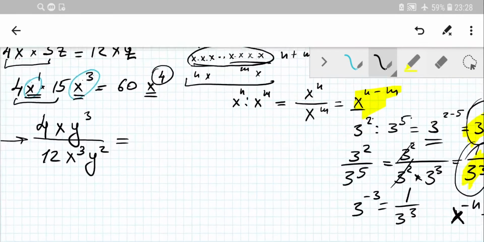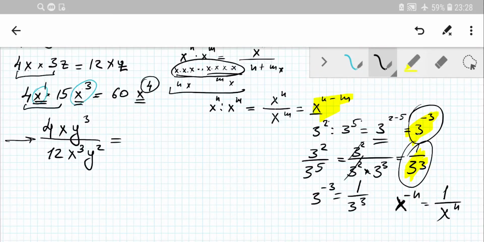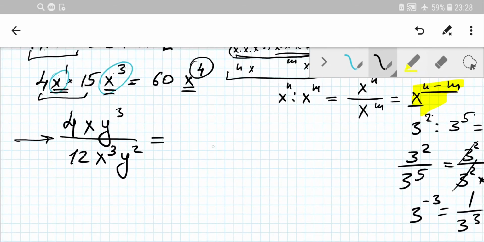That's how it works. So no matter whether you use the difference of the powers or just try to cancel and see what number you're left with. So let's try to do it here. First of all, I cancel 4 and 12. I'll get 3 in the bottom part.